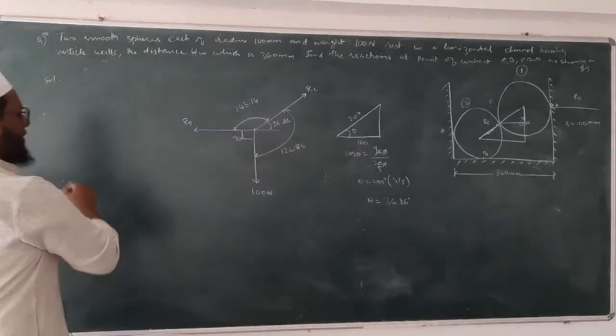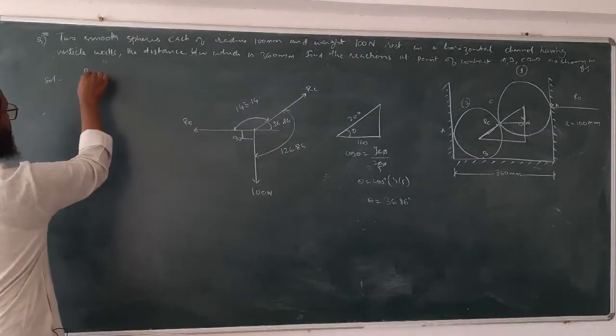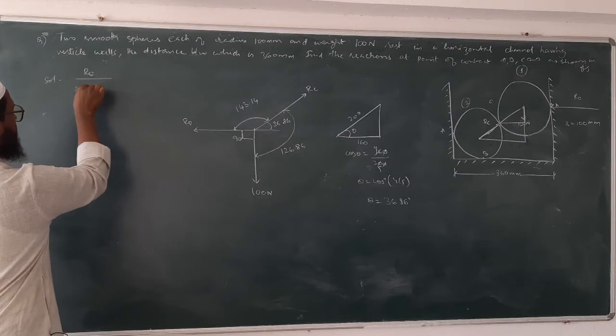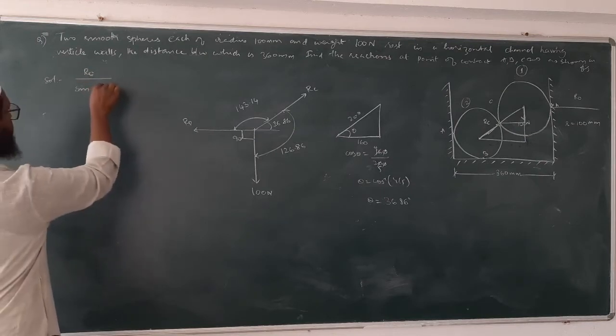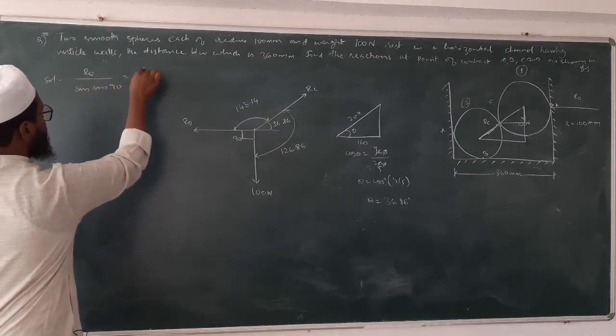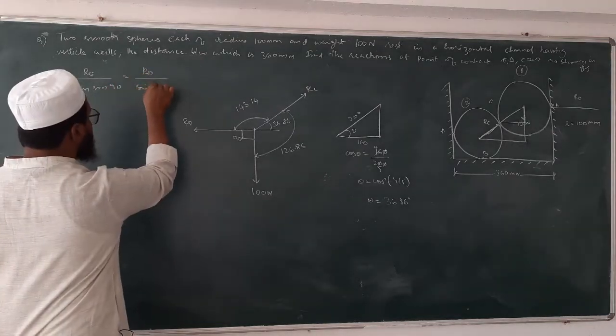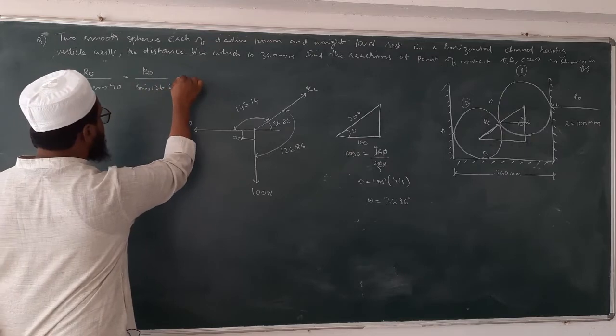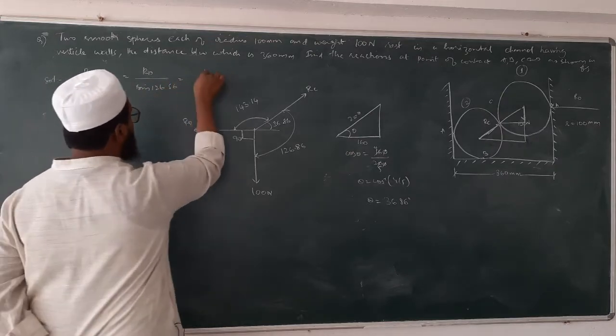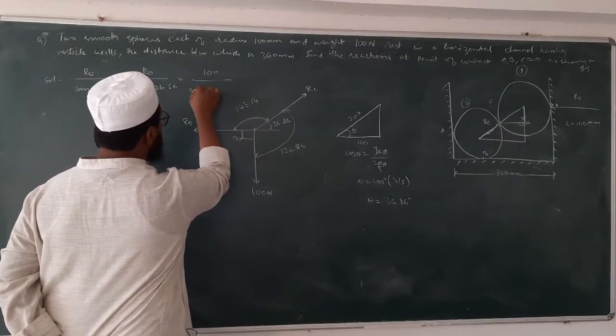So simply we'll take up RC first. RC by sine 90 is equal to RD by sine 126.86 is equal to 100 by sine 143.14.